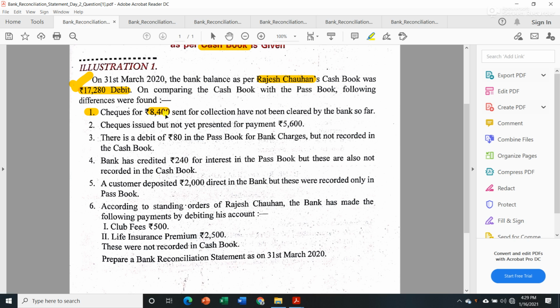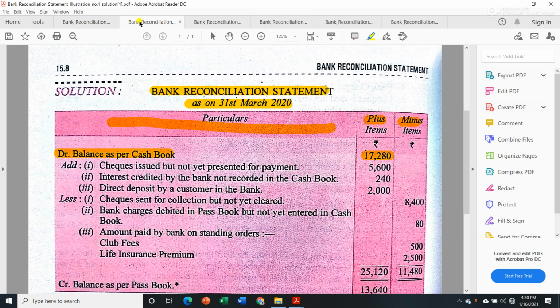So since we have taken debit balance as per cash book at the starting, we can alter the cash book's amount. Since we have 8,400 more in our cash book, we can simply deduct this 8,400. So when we deduct, we have to write it in the less item.